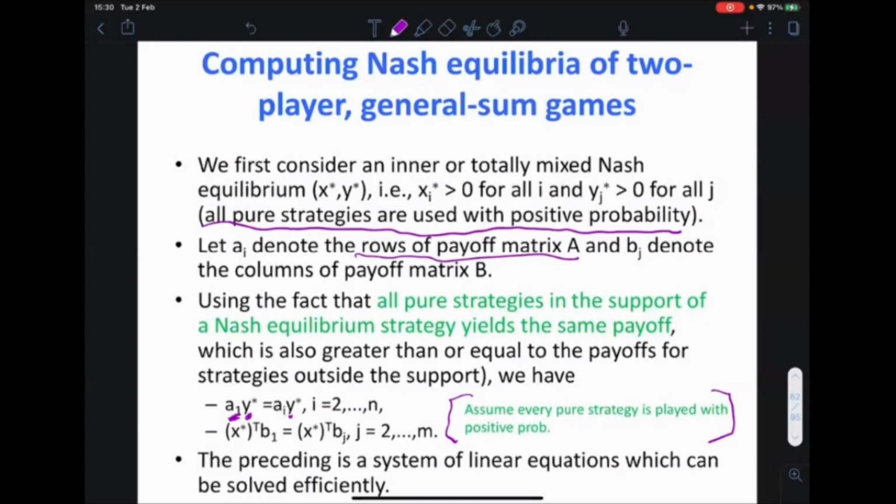It will equal the payoff for choosing any other pure strategy. It's simply because I choose Y in such a way that there is no difference between all these strategies.